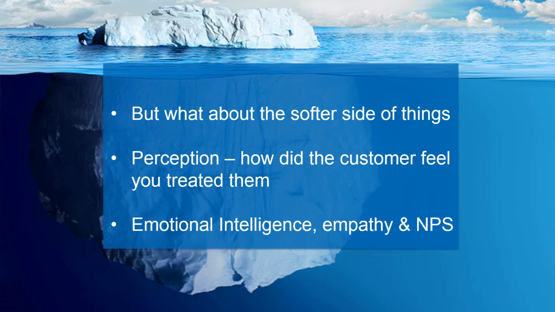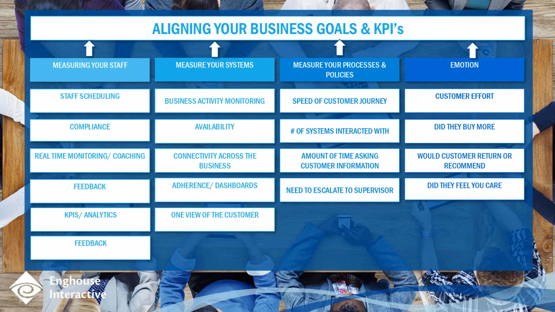But you do need to be able to capture that emotional part of it, and that can be harder to do. As we look at the buckets that people have in terms of aligning KPIs with goals, typically we see 4 big buckets. People are measuring their staff, and there's a whole bunch of KPIs that feed into that. They're measuring their systems.